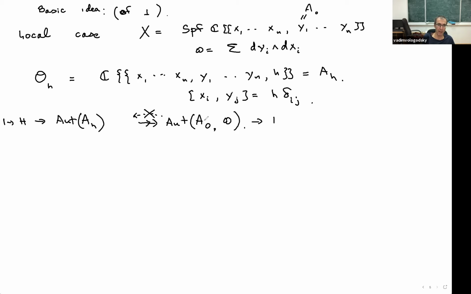This finally allows you to lift the canonical torsor on every symplectic variety under this group to a torsor under this group, which gives a quantization. That's the basic strategy.